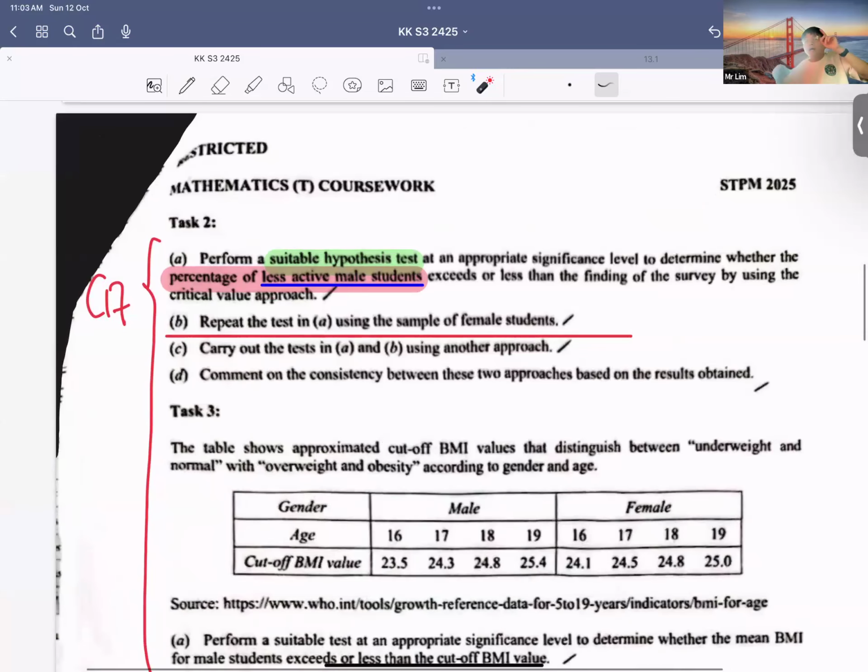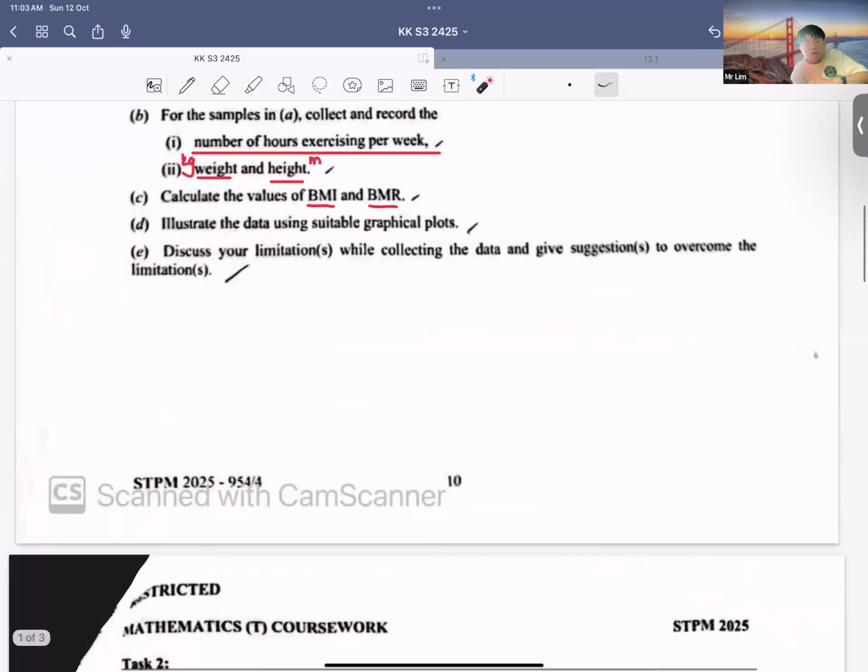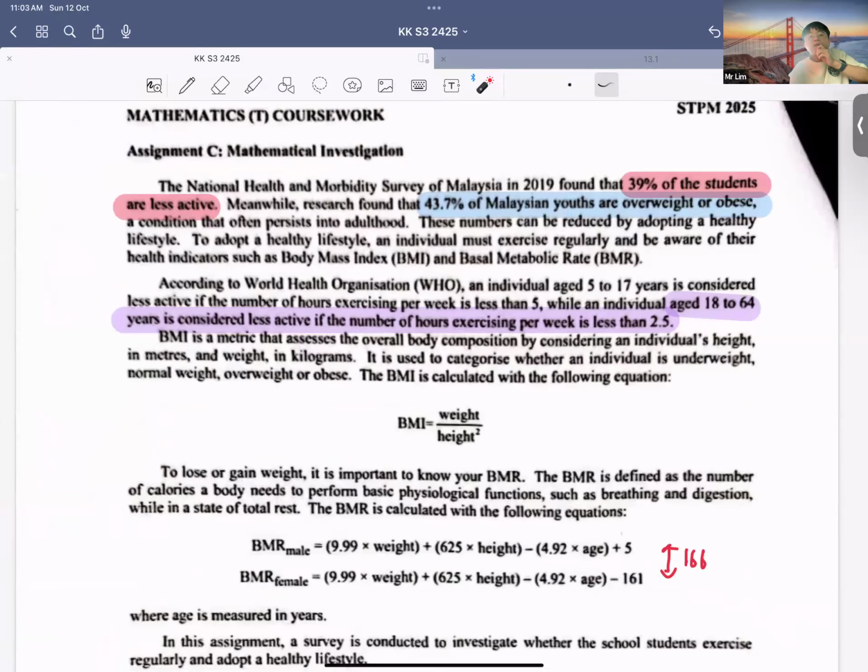So that means in our Excel file, we are going to find out the percentage of students, let's say male, that have less than 2.5.